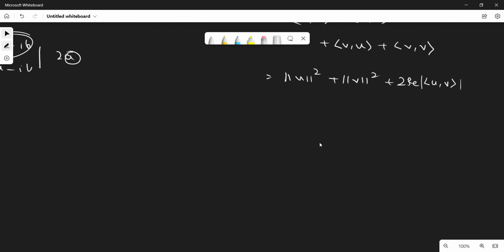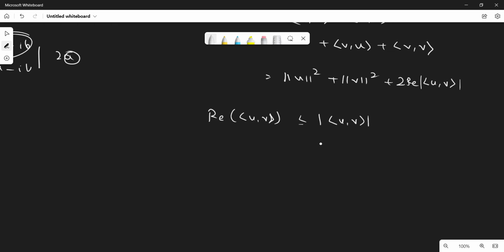Now see the real part of <u,v> will be less than or equal to the mod of <u,v>. Very simple. The real part of <u,v> will always be less than or equal to the mod of <u,v>.